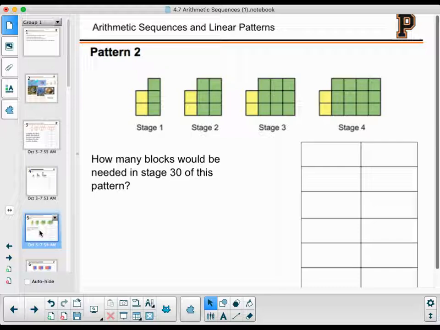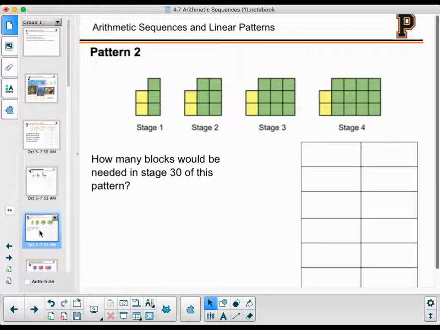Okay, so pause the video right now, take a peek at the pattern, and try and predict the 30th stage and exactly how many blocks you would need to have. Again, pause the video to do this. Try and make a prediction.